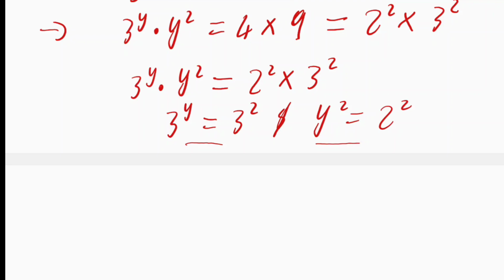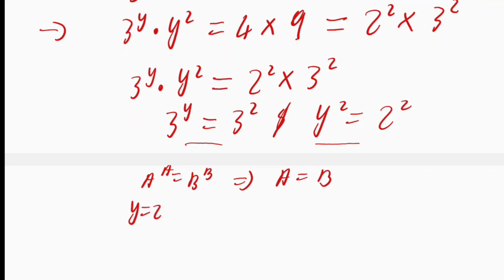This was correct. Which simply means you can equate it where we have a to the power a equal to b to the power b. This simply implies a is equal to b, which, looking at this equation, we see that y is equal to 2.